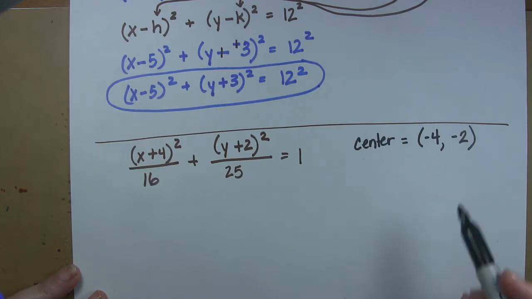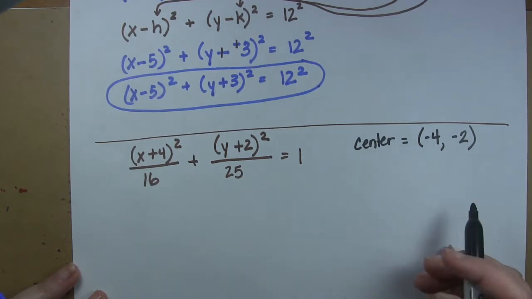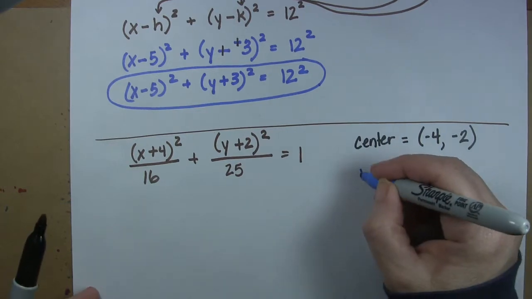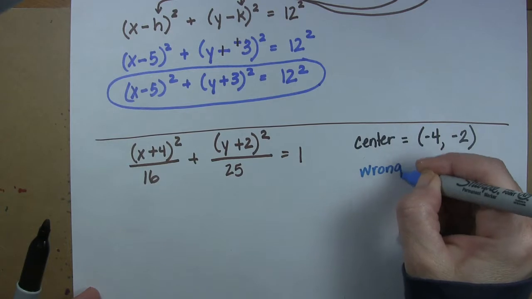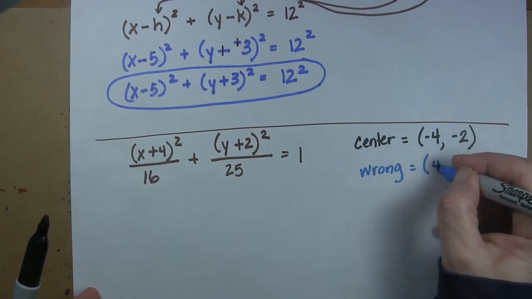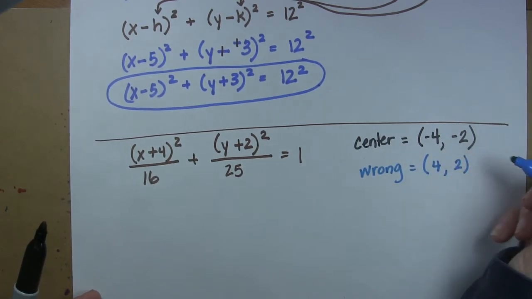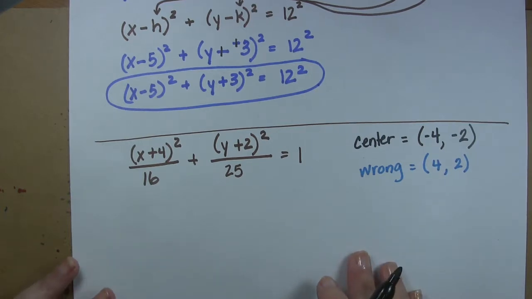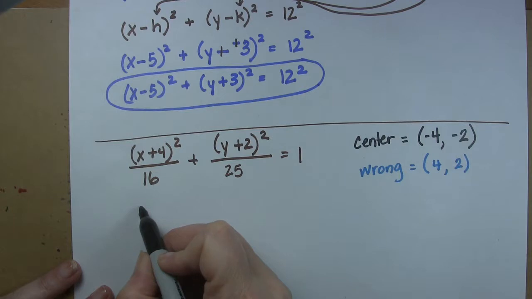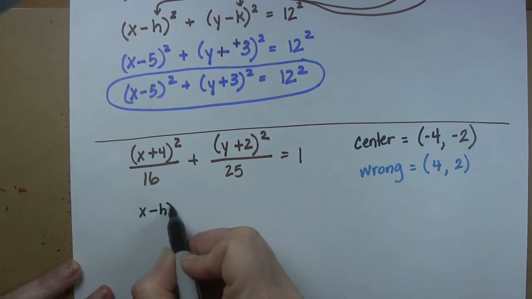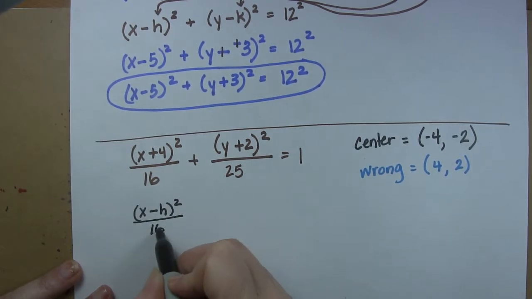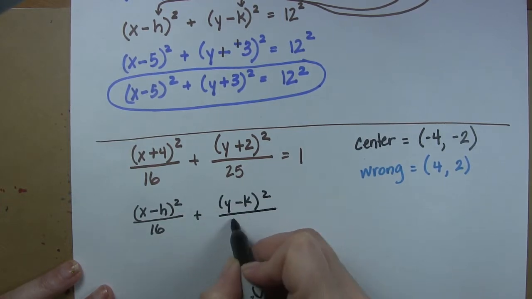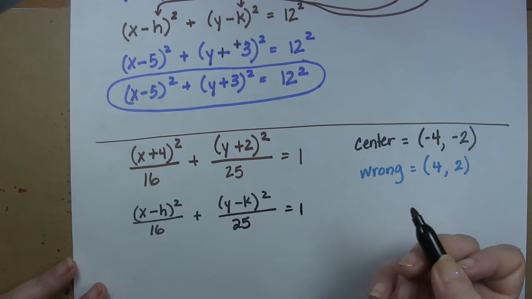And again, let's pretend that we are a wrong student. And so we say that our center is at positive 4, positive 2. Okay? That's wrong. Let's see why it's wrong. Well, here's our formula: x minus h squared over 16 plus y minus k squared over 25 equals 1.